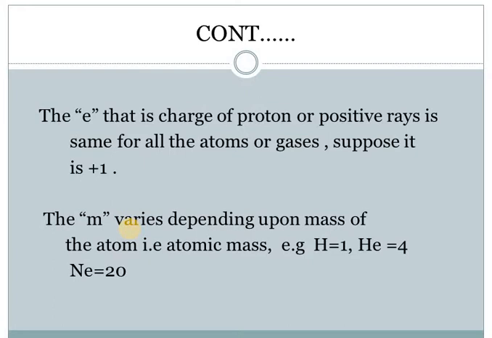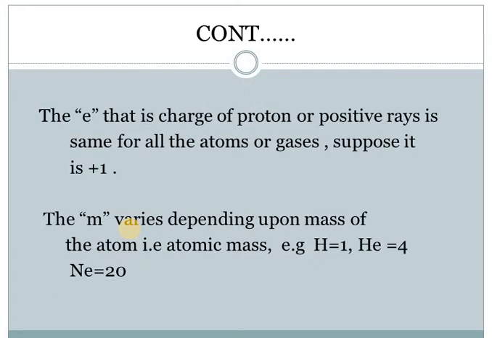Charge, whether it is of any atom, such as we can say that it can be hydrogen atom, it can be helium, neon, any atom, charge would remain the same, whether it is proton or an electron over there. Charge will remain the same. Only the thing which will vary would be its mass.